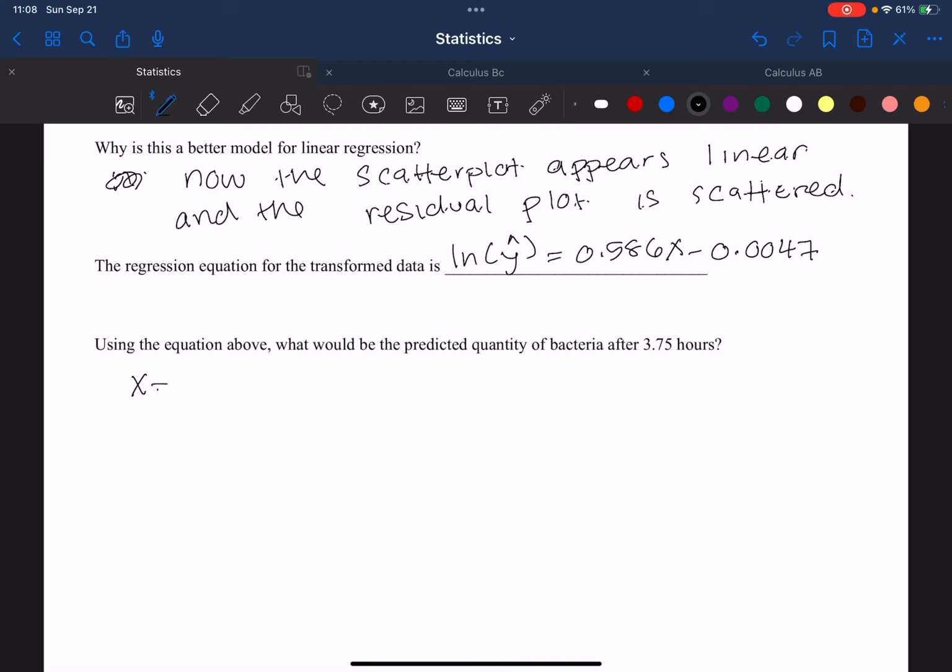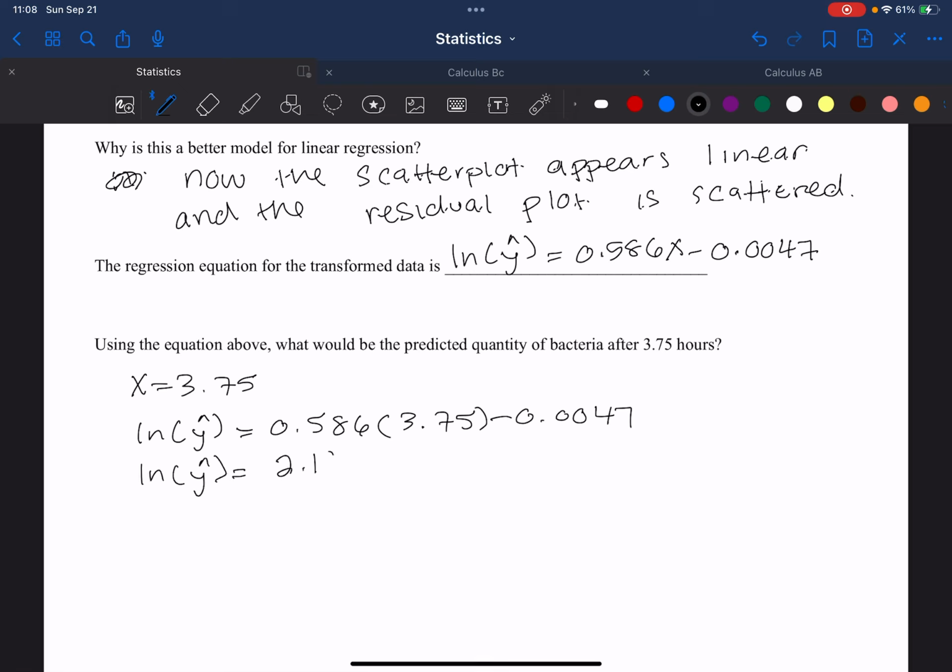So x is equal to 3.75. We have the natural log of y hat is equal to 0.586 times 3.75 minus 0.0047. Okay, we would simplify this. We would get the natural log of y hat is equal to 2.1928. In order to get rid of that natural log, we would have to use its inverse, e.